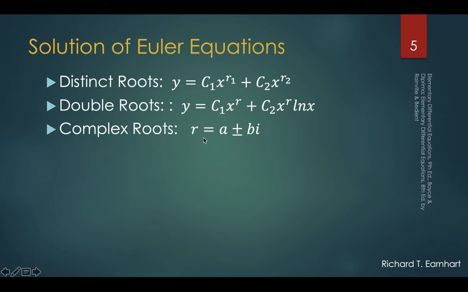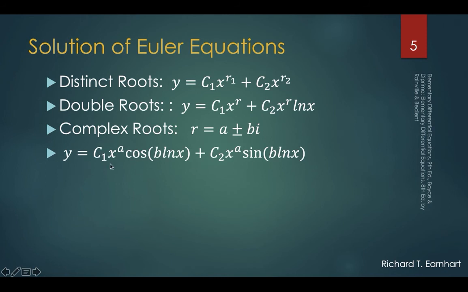For complex roots, a plus or minus bi, this is how you will present your solution. So a here will be the real part, and then the imaginary part b is for the cosine and sine function.